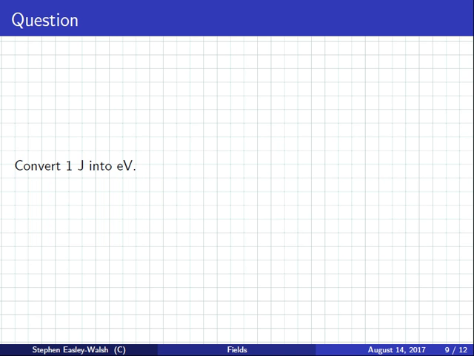I want you to convert 1 joule into electron volts. So should this be a big or small answer? Big, because there are many electron volts in a joule.